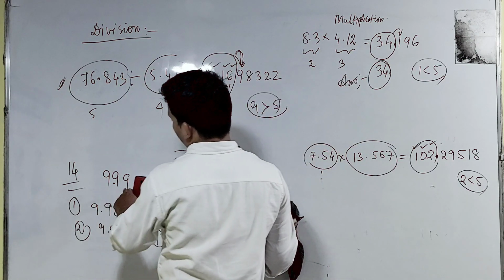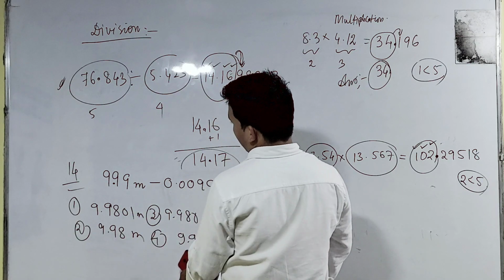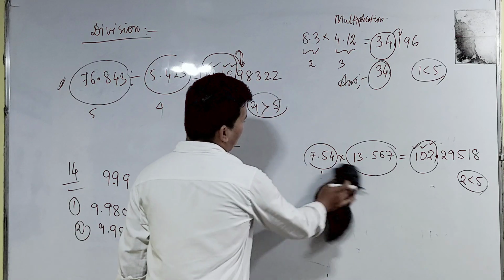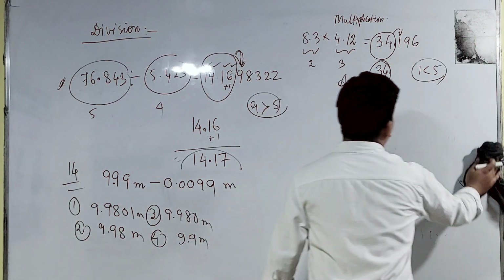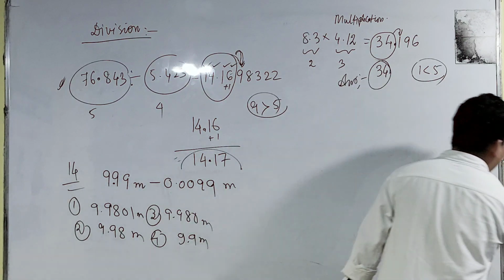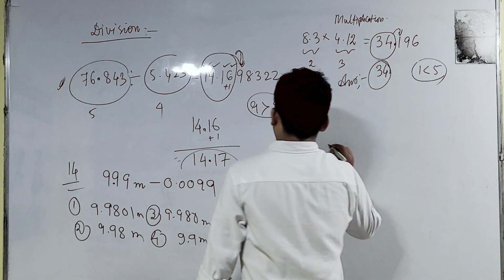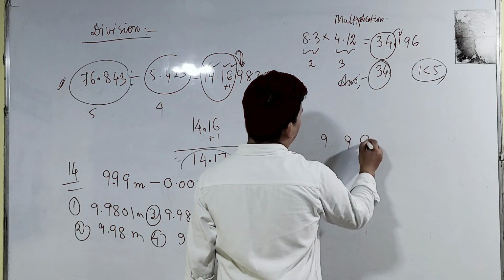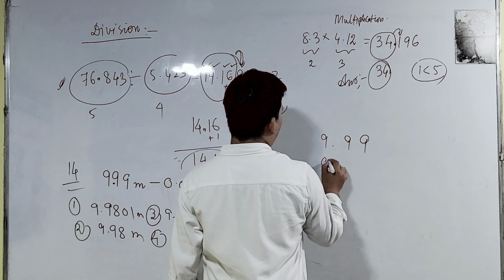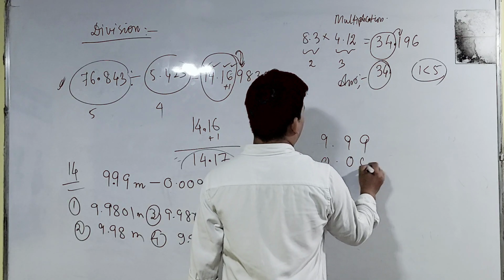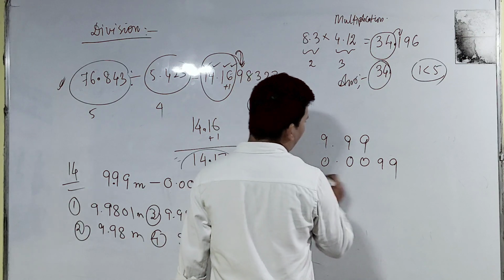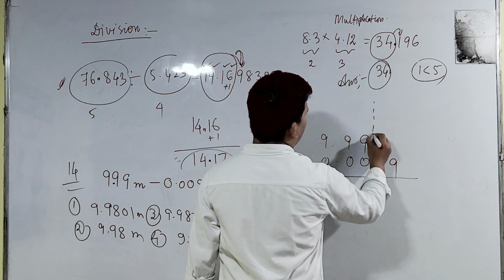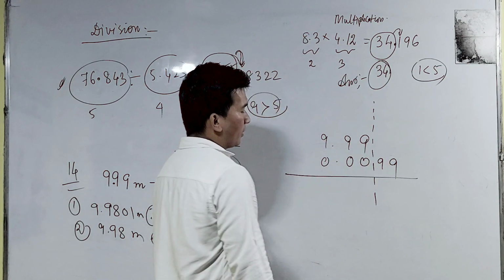The first number is 9.99, and the next number is 0.00 99. Understood? Alright.